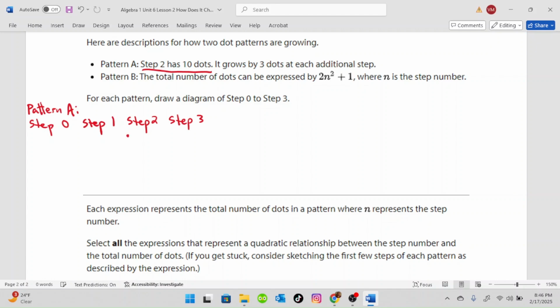So we can go ahead and draw that. Now, we know that it grows by 3 dots each additional step. So if step 2 had 10 dots, that means step 3 should have 13.